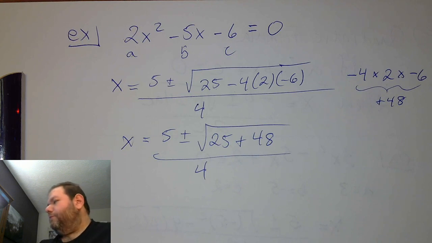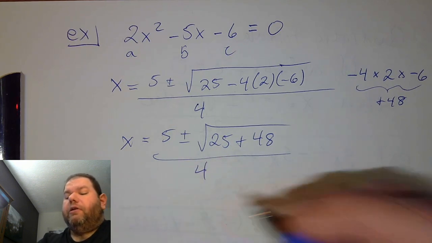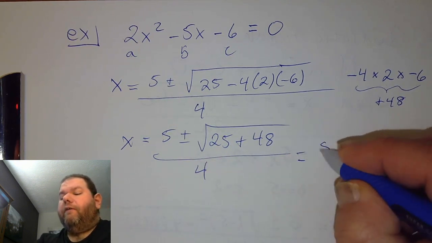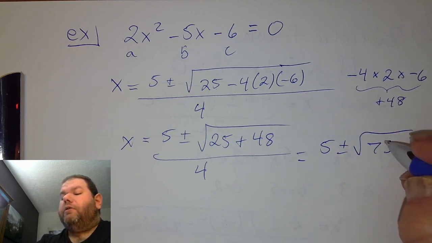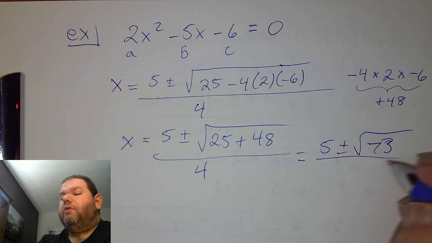So then we just add together 25 and 48, which is 73. So we get 5 plus or minus the square root of 73 over 4.